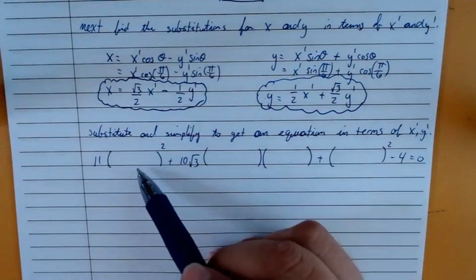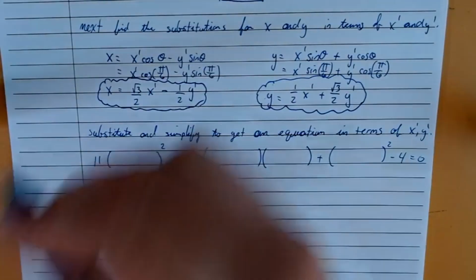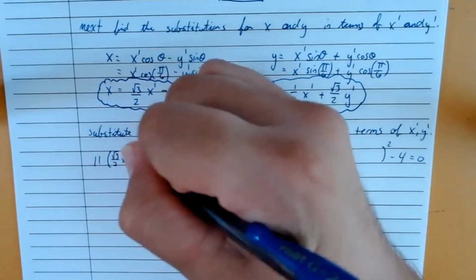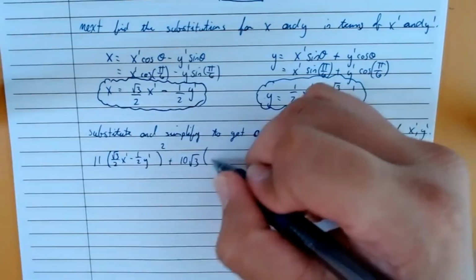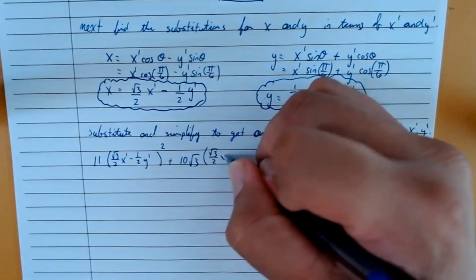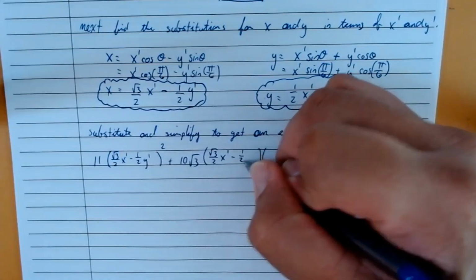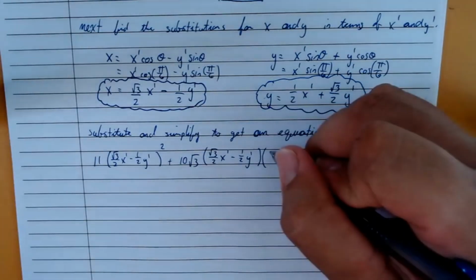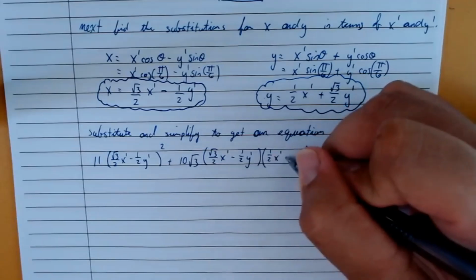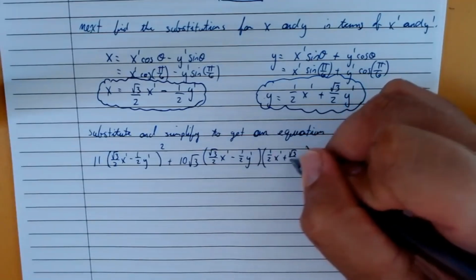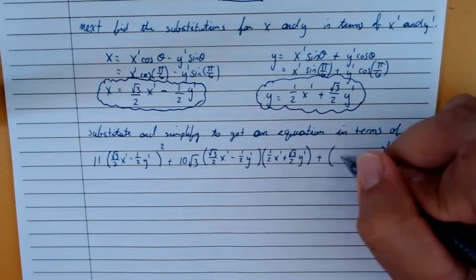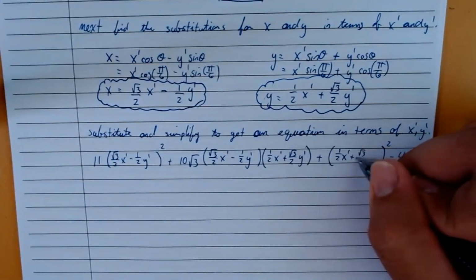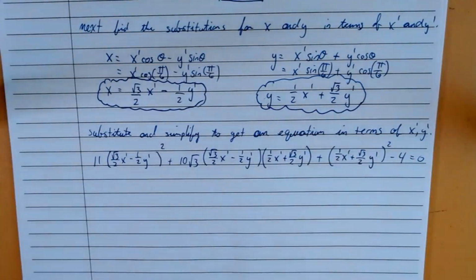Here for my x, here and here, I'm going to plug in root 3 over 2 times x prime minus 1/2 y prime, and same thing for this one. And then for my y's, here and here, I'm going to plug in this one right here. That's going to be 1/2 x prime plus root 3 over 2 y prime, and same thing for this one, 1/2 x prime plus root 3 over 2 y prime.